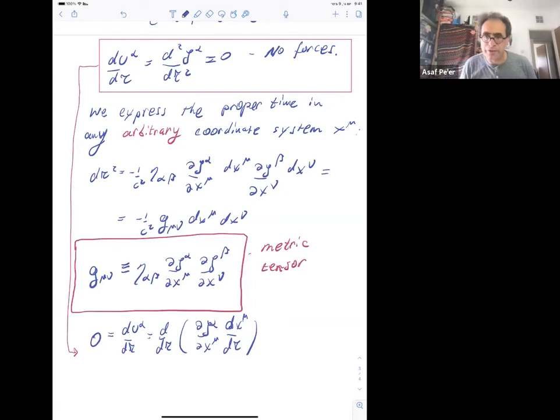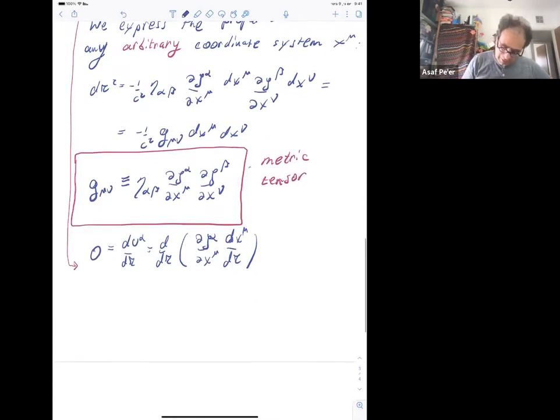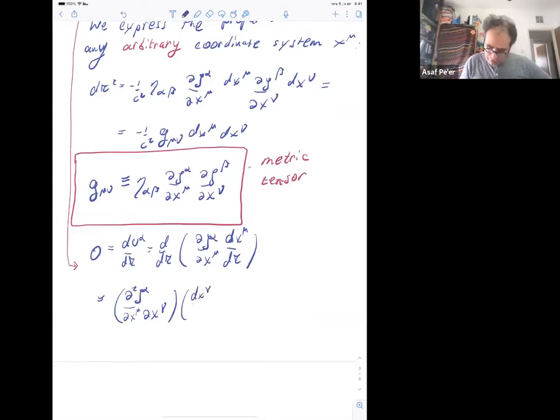There is no need for a partial derivative when I do d/dτ, so d/dτ we write as (dx^ν/dτ)(∂/∂x^ν). So again, it's just a chain rule: (∂²ξ^α/∂x^μ∂x^ν)(dx^ν/dτ)(dx^μ/dτ).